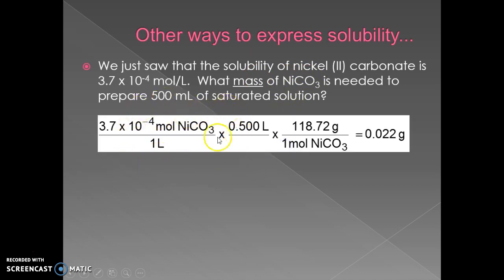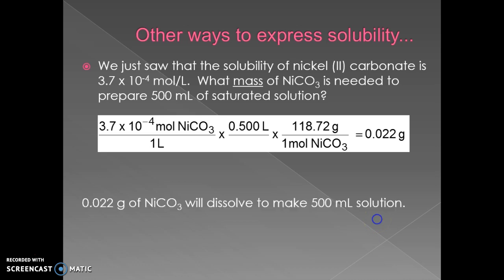We've got the molarity, we've got the volume, so we can figure out how many moles of nickel carbonate were required, which means we can then figure out using molar mass how many grams of nickel carbonate were required. So KSP can go on to be used in mole calculations as well. So what do we find out? In order to make that saturated solution, we would need to dissolve 0.022 grams of nickel carbonate in 500 milliliters of water to get that saturation point.